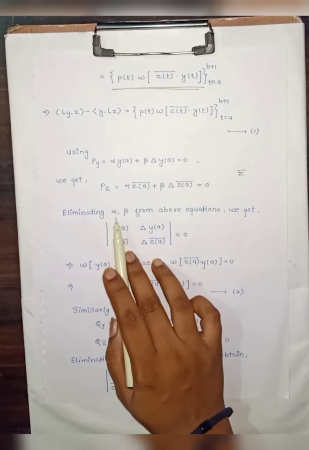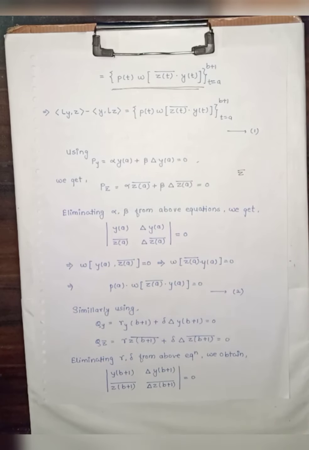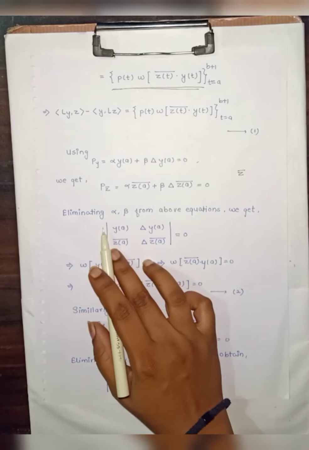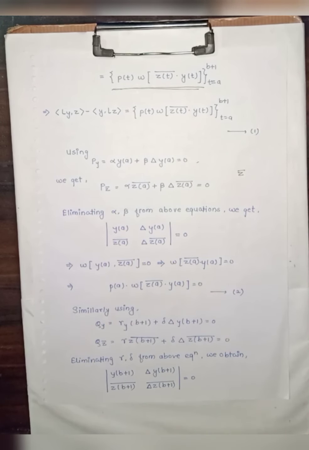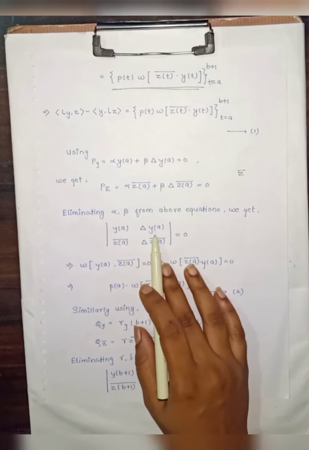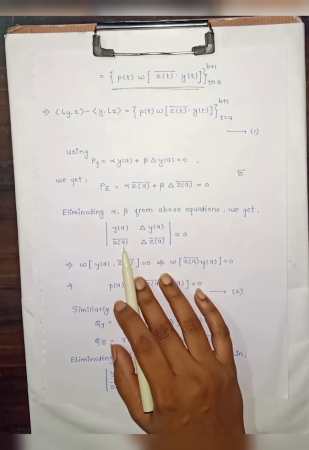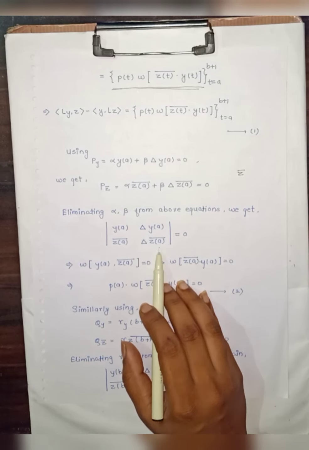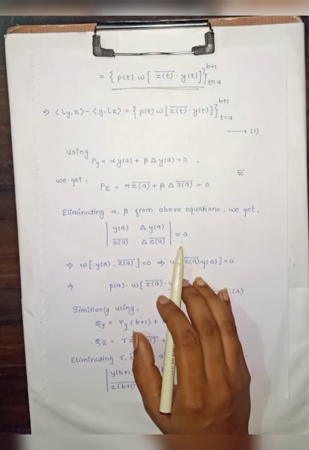Now eliminating alpha and beta from the above equations, we get the determinant of y of a, delta y of a, z of a conjugate and delta of z of a conjugate equals 0.